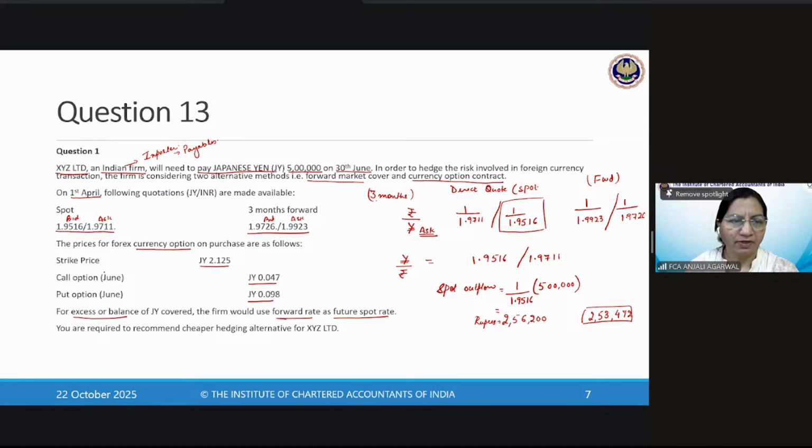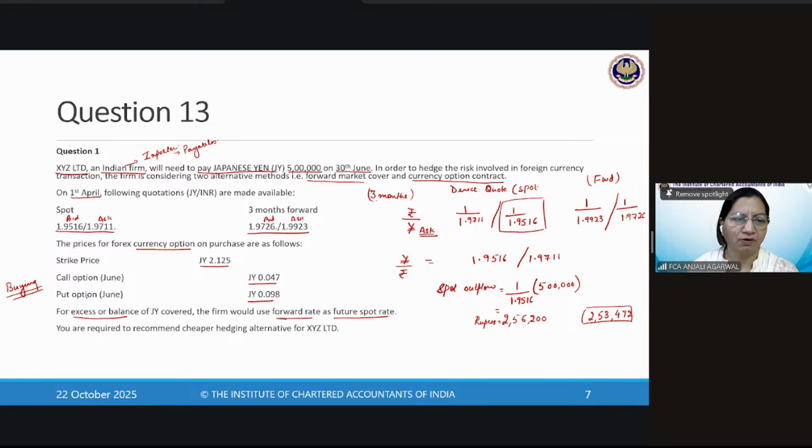So whenever you are using options, you have to pay a premium when you are a buyer of a call option or a put option, whereas if you were seller of a call option or put option, you would have received the premium. So here we have to see which of the options will be applicable to us.